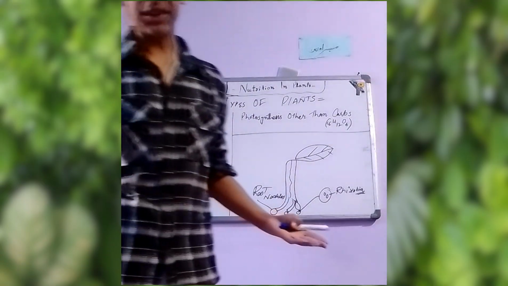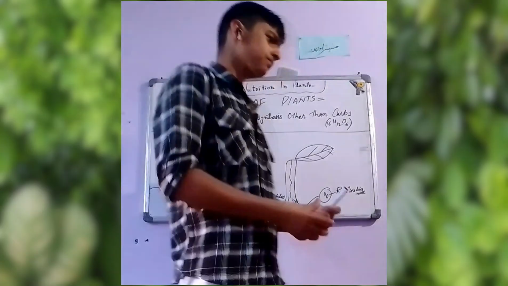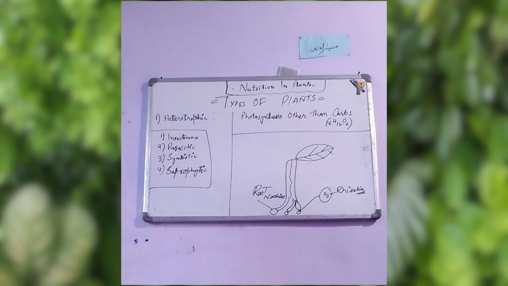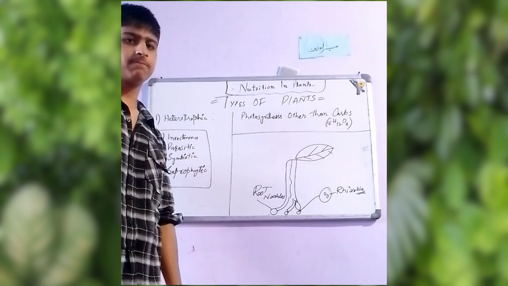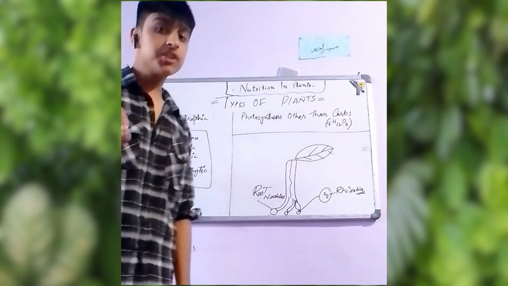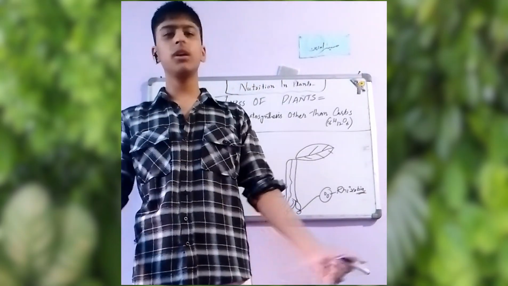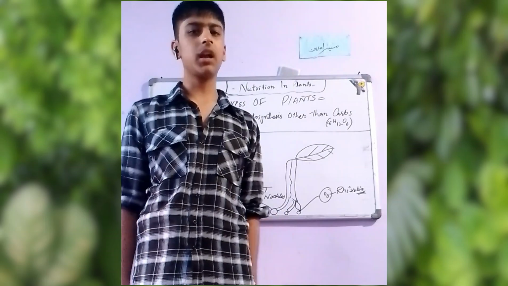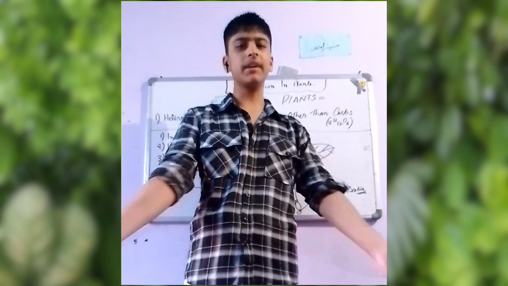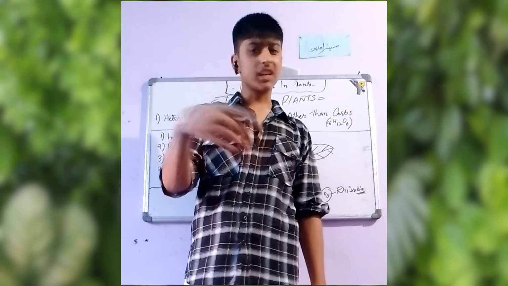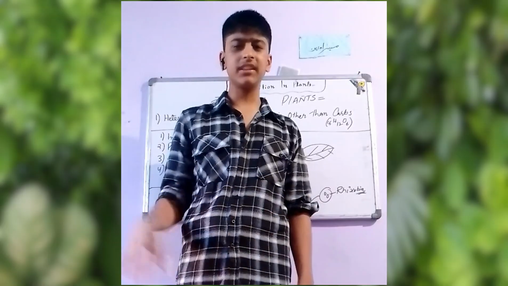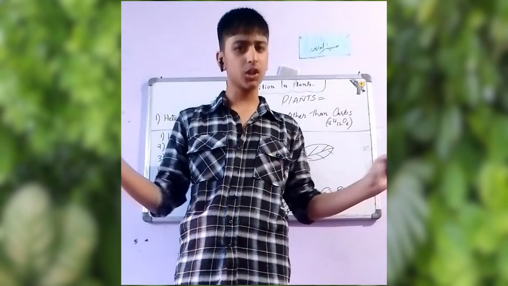So what are these heterotrophic plants? These heterotrophic plants are the plants which are dependent on other organisms. Sir, you said that plants create their own food, they are not dependent on each other. No, all plants are not green. They don't have the green pigment called chlorophyll.